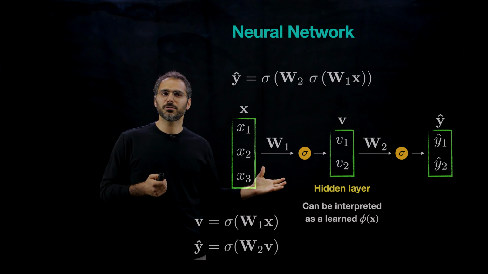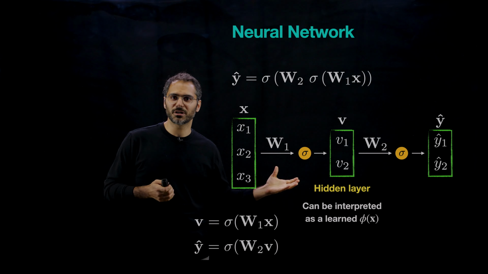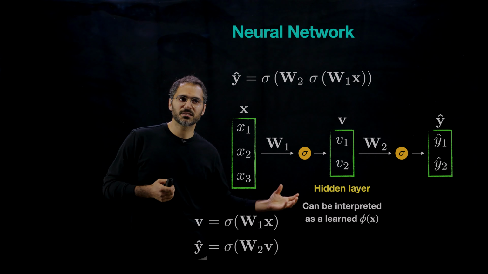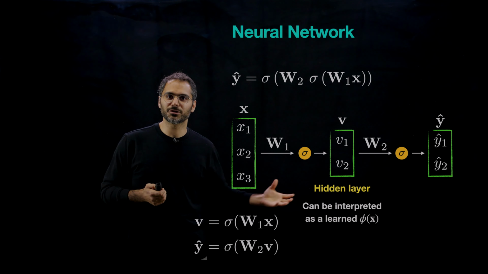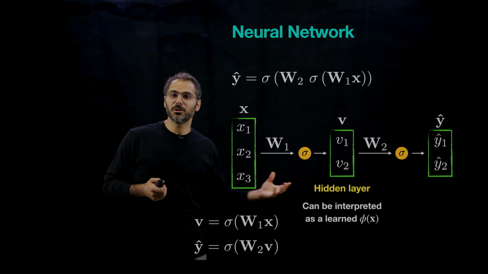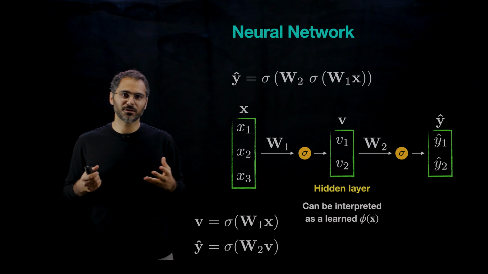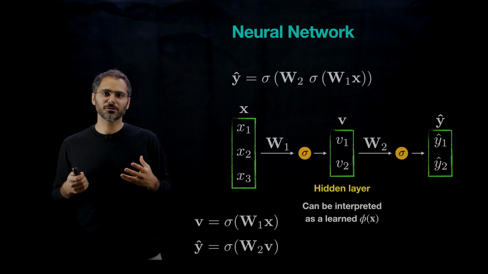And this hidden layer is the key in neural networks. The idea is that these hidden layers can actually perform this automated feature selection for you. It can be interpreted as the phi of x that we spoke about earlier.